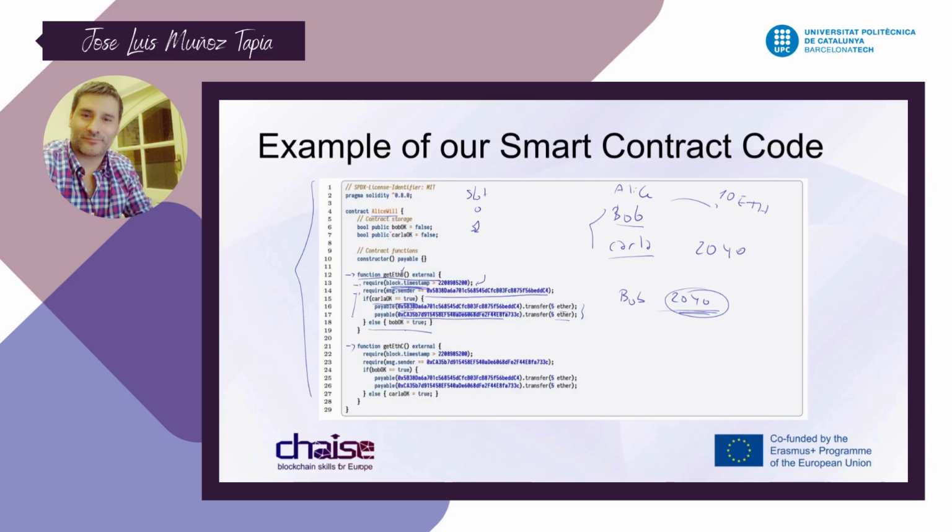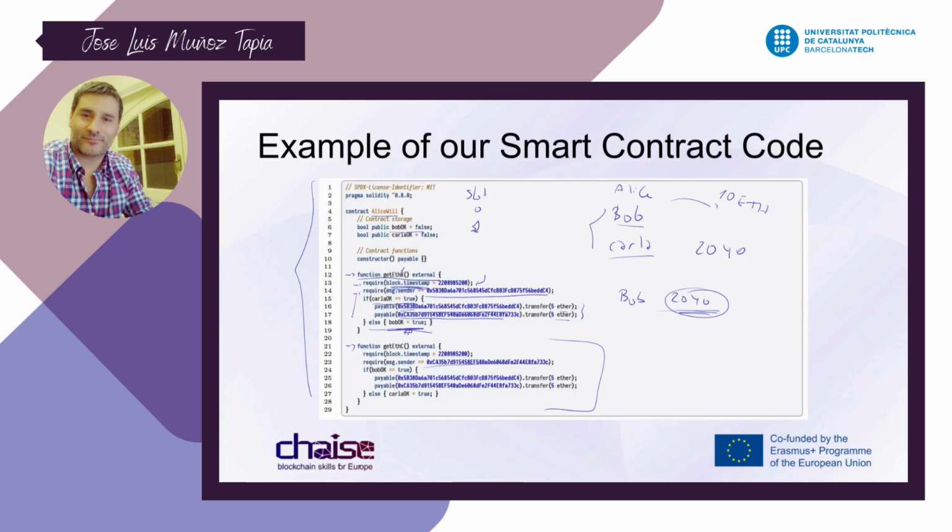What I do is just say that Bob is okay with this sharing. I mean, he sends a transaction saying, okay, I want my 5 ethers. The problem is we're waiting now for Carla. So I store the fact that Bob said, okay, I want to receive my 5 ethers. And the other function is exactly the same, but it's for Carla.